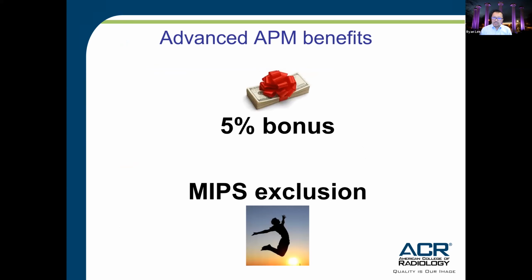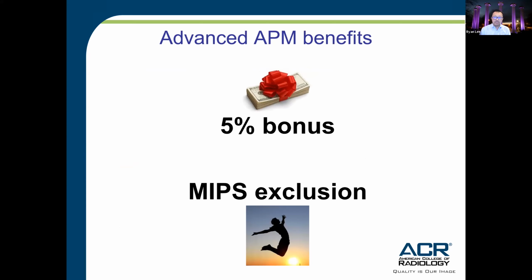And if you qualify and you are participating in one of these advanced APMs, you actually will get an additional 5% bonus. This is CMS's carrot in trying to get people to do these things. You get an automatic 5% bonus of what you're billing under Medicare Parts A and B. And in addition, you also get to not have to report MIPS, which is the default.